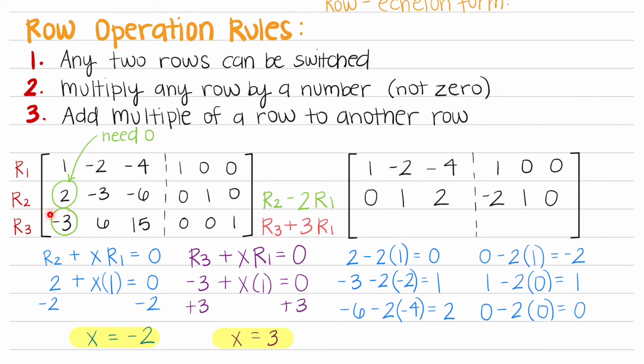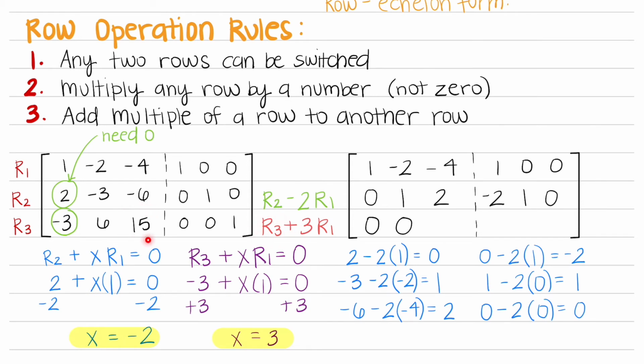So let's start with our first term, negative 3 plus 3 times our row 1, which is 1. So negative 3 plus 3 is 0, which is what we knew it would be. Now let's move on to the second term in row 3. 6 plus 3 times the second term in row 1, which is negative 2. So 6 minus 6 is also 0, so we'll write a 0 here.